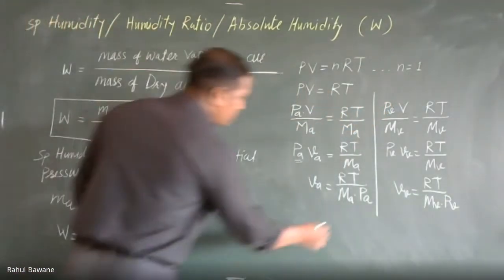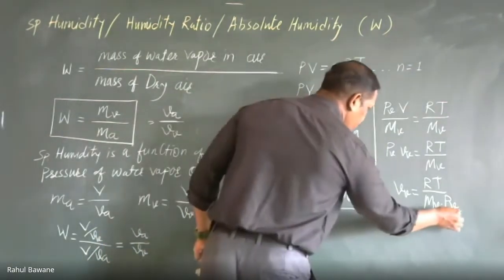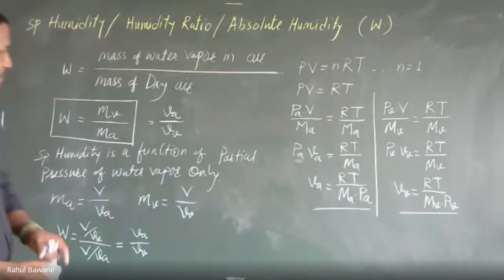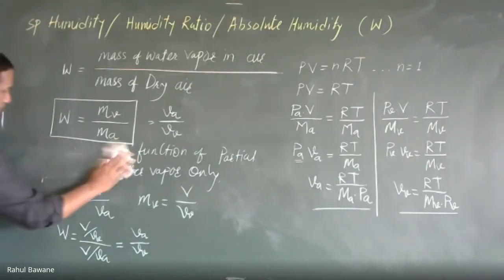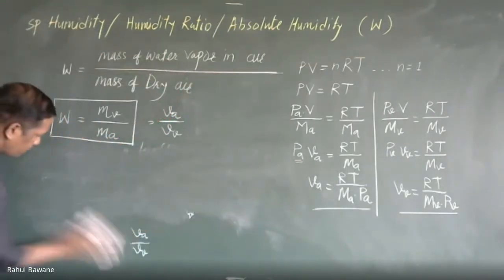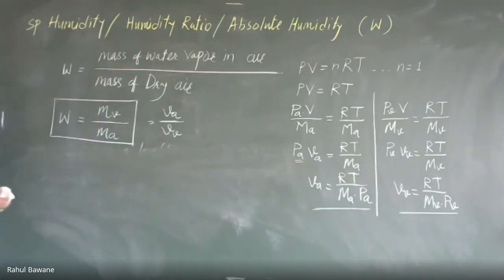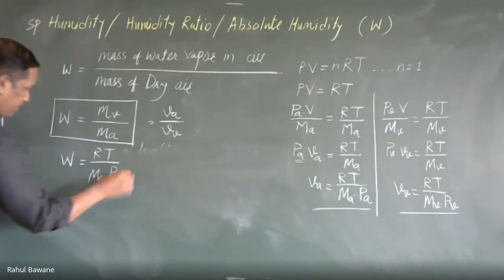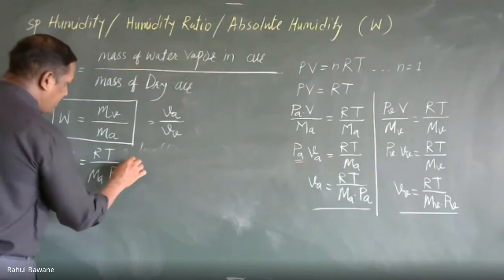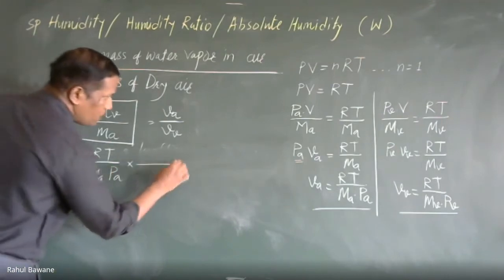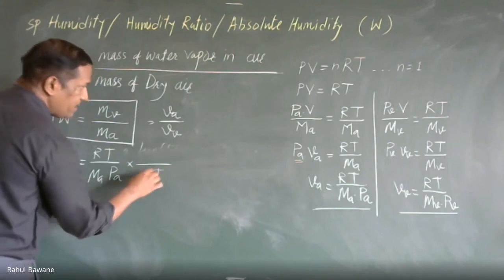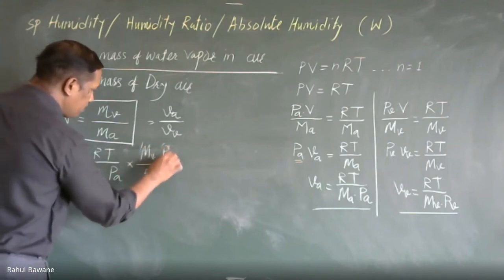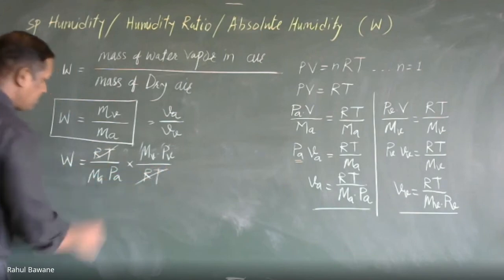So we now have the values of va and vv, the specific volume of air and the specific volume of water vapor. Now putting in the values, the specific humidity W is the specific volume of air, RT upon Ma Pa, divided by vv, which is RT upon Mv Pv. So RT gets cancelled.